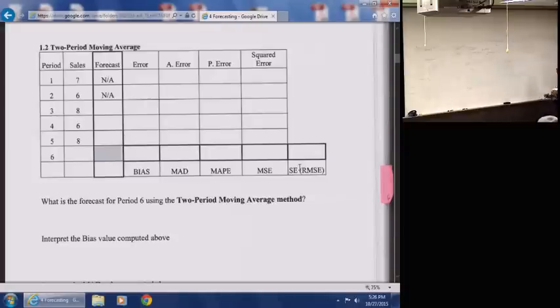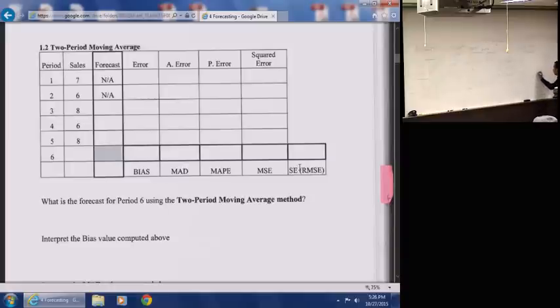It's 15.97%, the average of these three percentage errors. MSE is 1.42, not 12, sorry, 1.42.